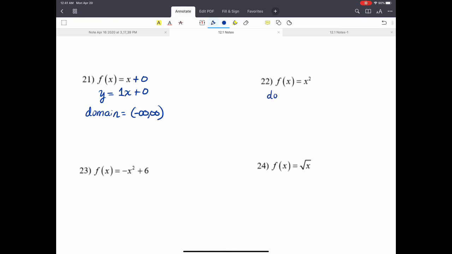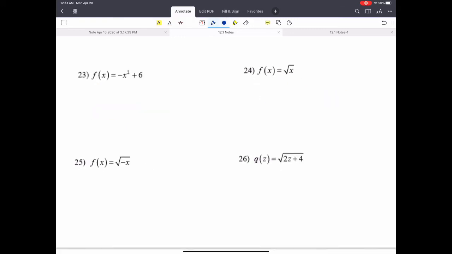Same thing for number 22. There's nothing that x cannot be. So that's going to be all reals. Same thing for number 23. I'm going to use the shorthand symbol for all reals. Now number 24 is a radical function, a square root function. And when you have a square root function, we definitely have to be careful about what the square root is.